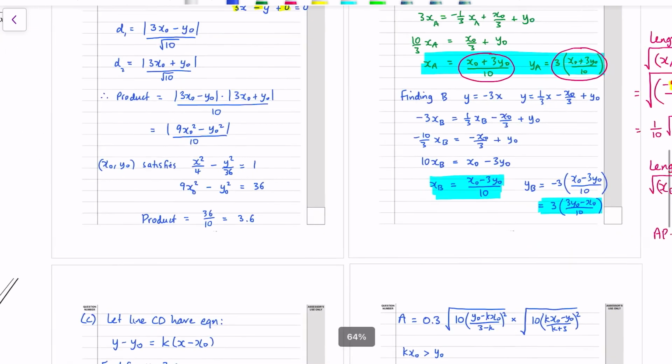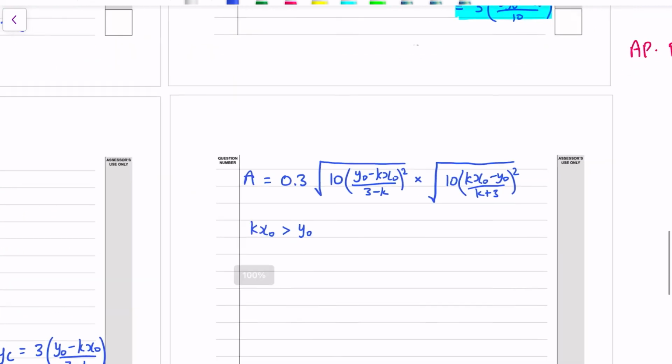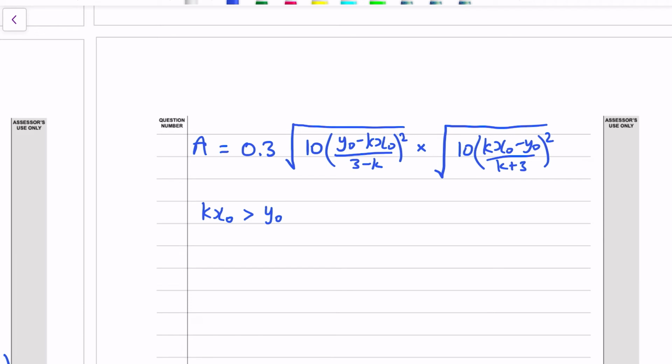So the reason why that's important is because when we deal with these square roots, we've got 0.3, we've got a root 10 and a root 10, so that makes 10. We've got a 3 minus k all squared, square rooted, but k is bigger than 3, so actually we need it to be the other way around. It's going to be k minus 3, and k plus 3 all squared, square rooted is k plus 3.